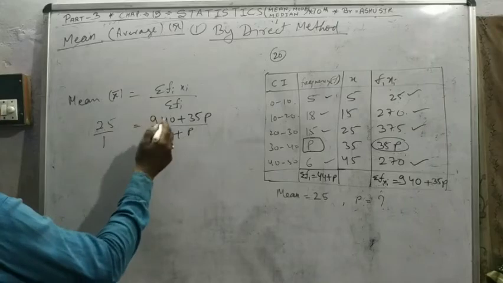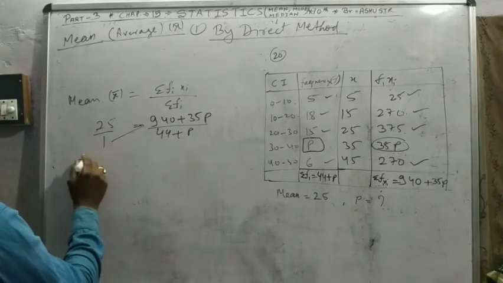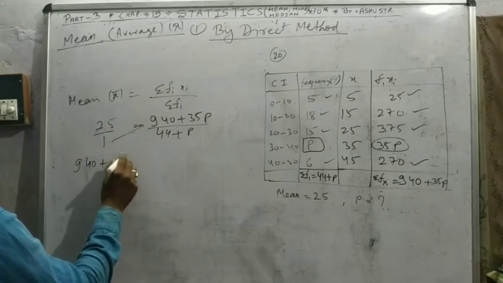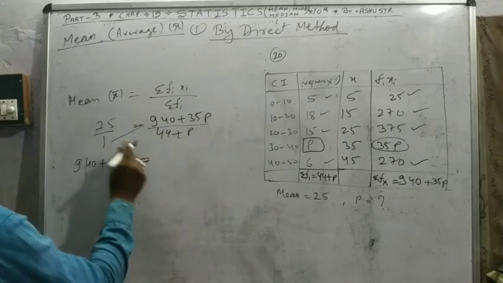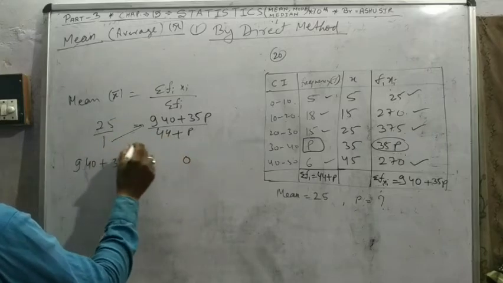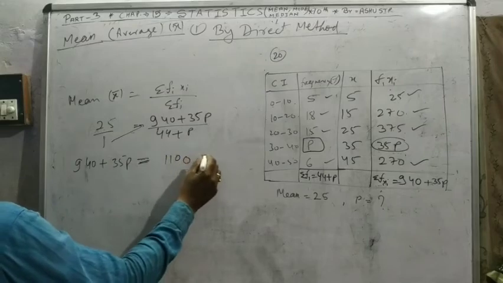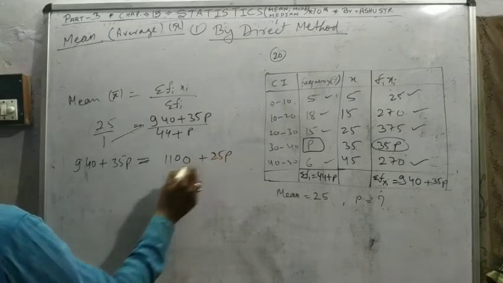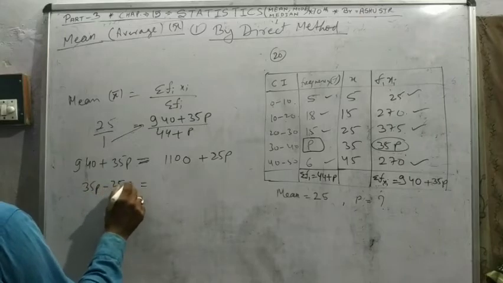Cross multiply: this multiplied by this, only one, so no change. 25 times 44 is 1100, plus 25P. Then 35P minus 25P.